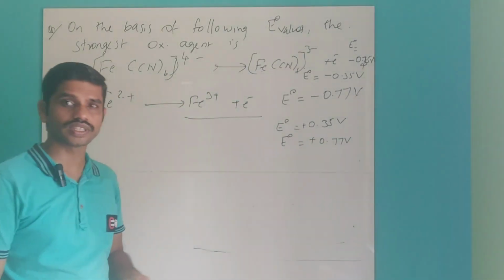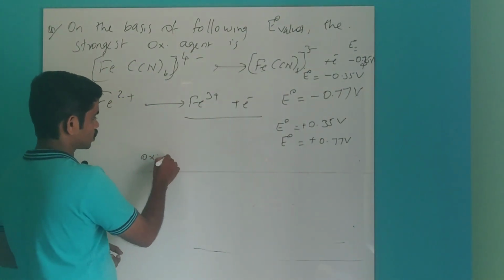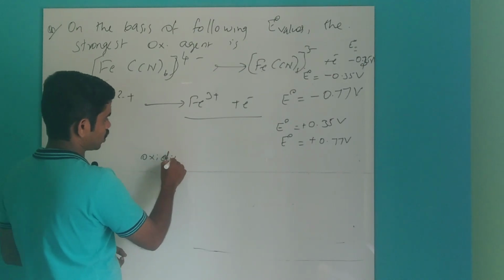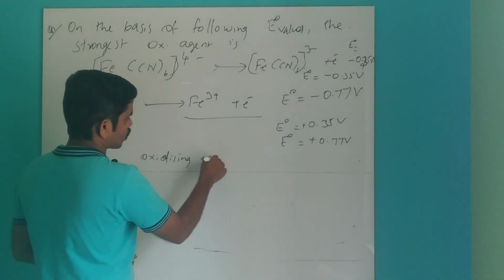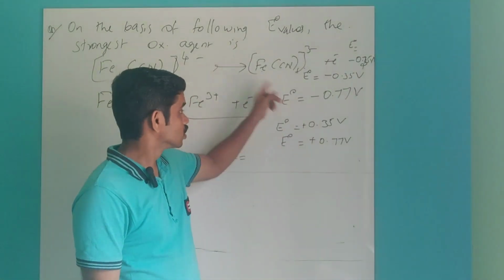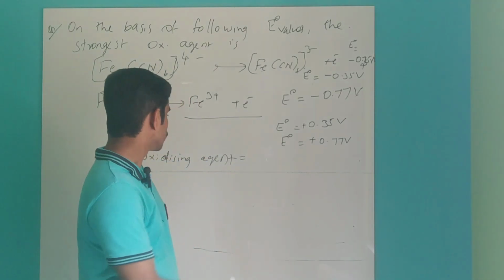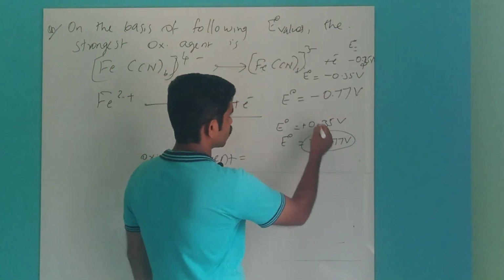We need the oxidizing agent only, which is the species undergoing reduction. Which is the higher value? The second reaction.